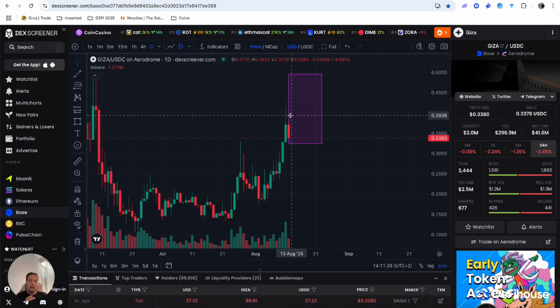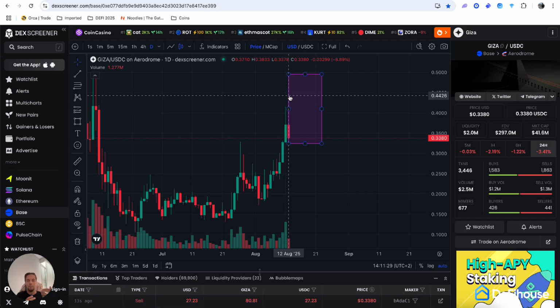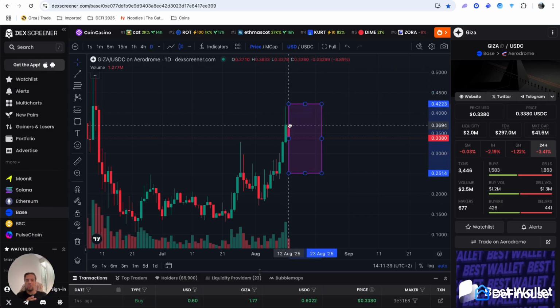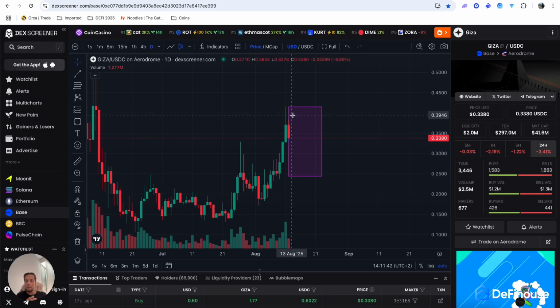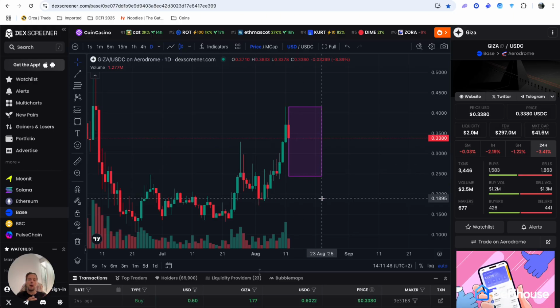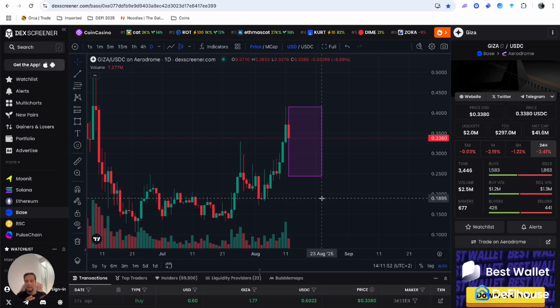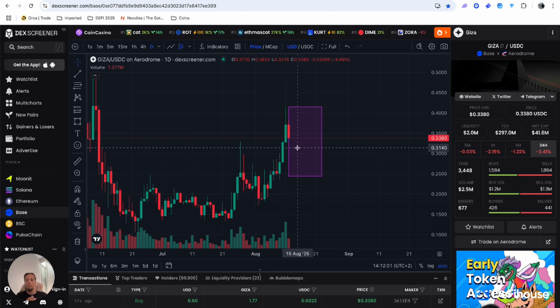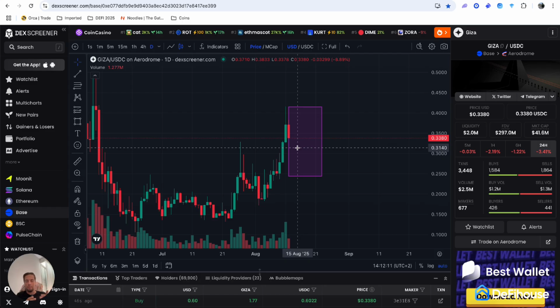And if the market is at the all-time highs or aggressively moving higher and you expect the market to pull back in the nearest future, it is best to give the range just a bit of space to the upside and give most of the range to the downside, meaning that even if the market starts to pull back and starts to drop, yes, of course, your initial deposit amount will go down in value because one of the assets is going down, but the fees, you will be earning the fees way more actively, way longer, because you will be in range for a longer period of time.